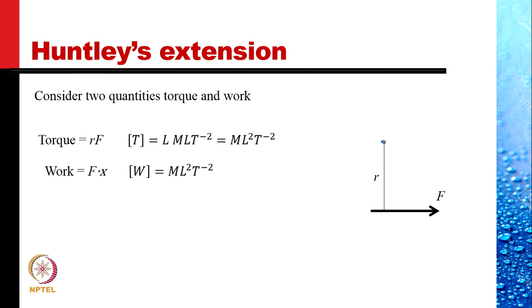And the dimension of work when an object moves through a distance x is F x. And the dimensions are the same, m L squared t minus 2. But the distances involved, in one case r and in one case x, are in different directions altogether. Torque divided by work or work divided by torque should not be a dimensionless parameter. The dimensions play different roles in there.